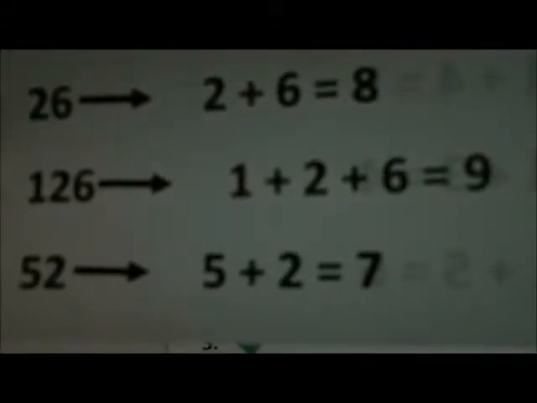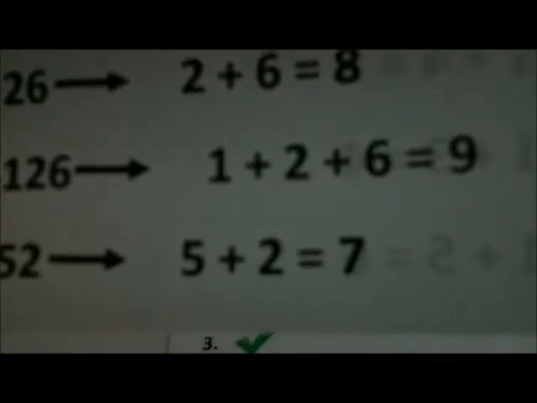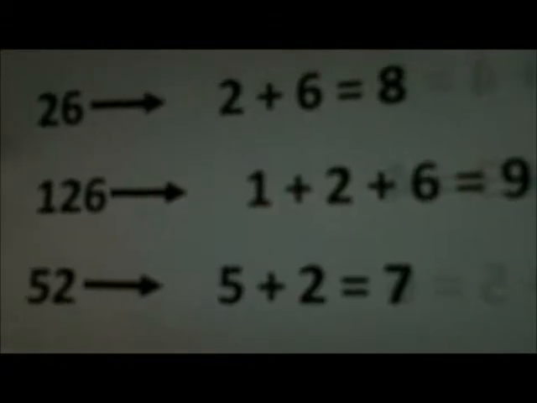You add 1 plus 2 plus 6, the result is 9. 9 can be divided by 3. That means that 126 can also be divided by 3. The last one we have is 52. If we add 5 plus 2, we're going to get a 7, and 7 cannot be divided by 3, so that number is not going to work.